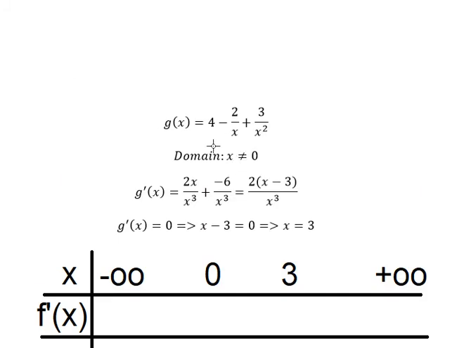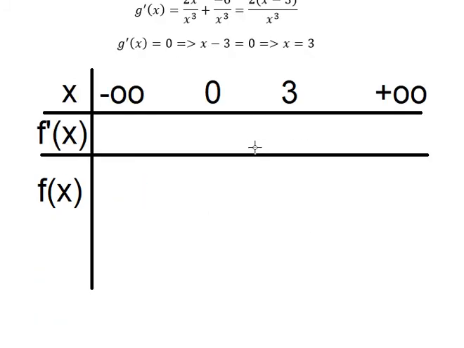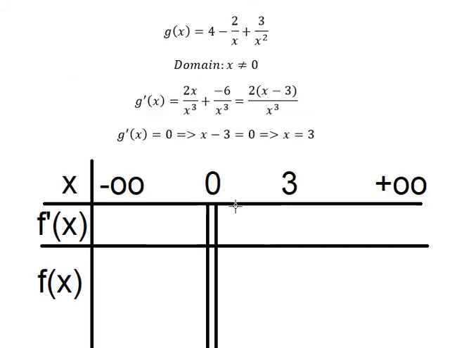We know that the domain is x cannot be 0, so we put 2 lines in here. Next, if we take a value below 3, in this interval for example, we put negative 1. x to the power of 3 keeps negative 1.